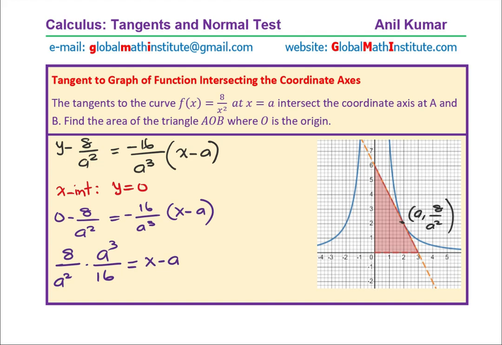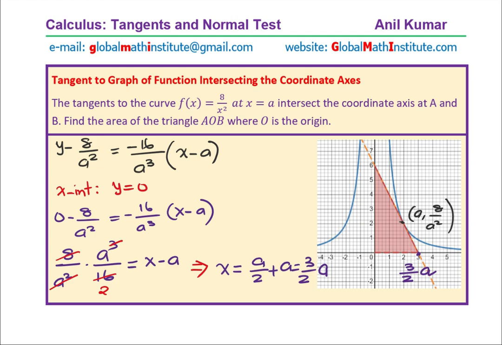So we can simplify this part. 8 over 16 goes 2, and a cubed over a squared gives a, so a by 2. That gives you the value of x as a by 2 plus a, which is 3 by 2 a, correct? So we get this particular point, 3 by 2 a, in terms of a. Perfect. So we got the x-intercept, which is 3a by 2.